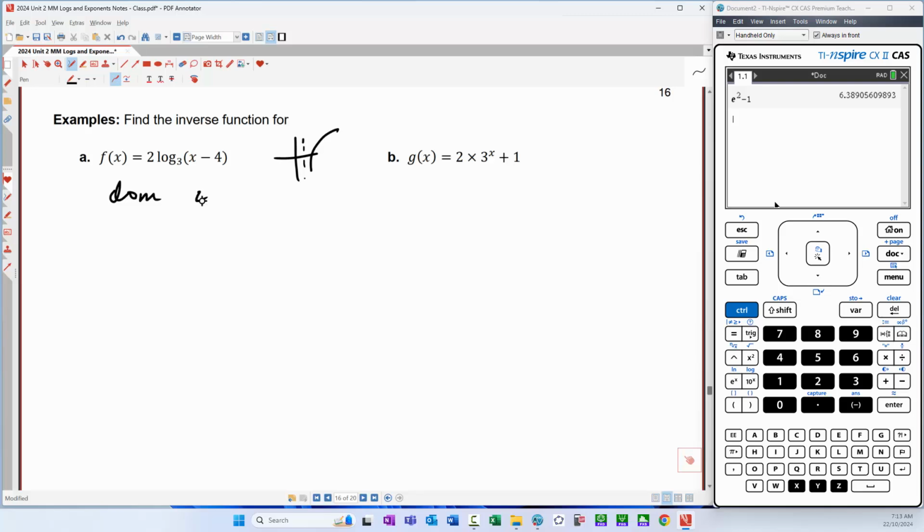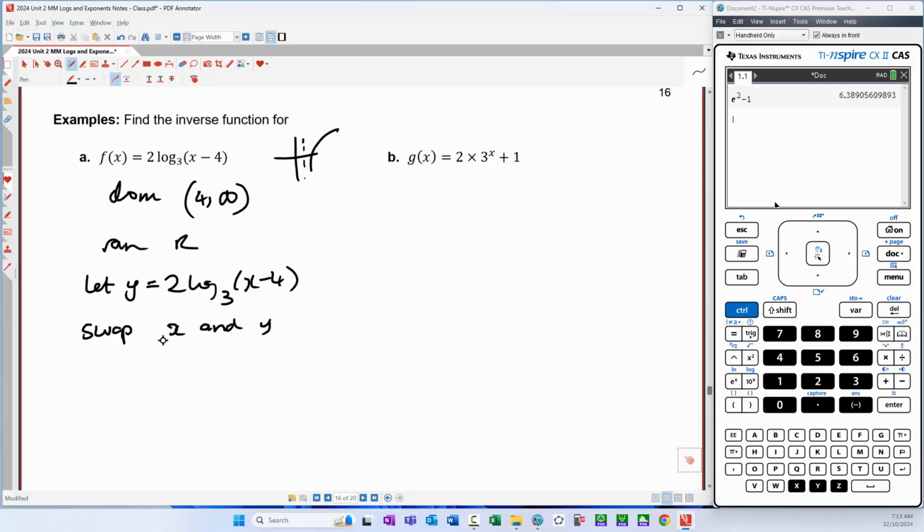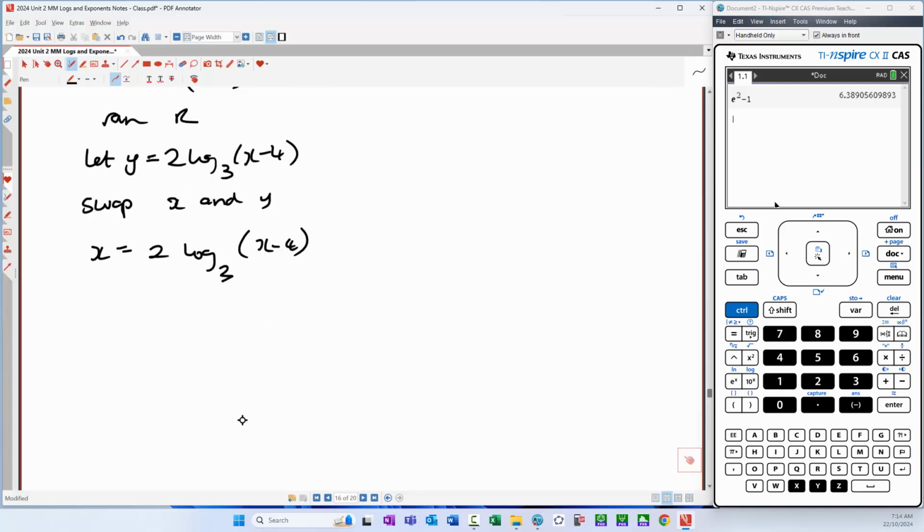The domain is going to be 4 to positive infinity, the range is R. We're noting that down because what we're going to do is let y equal 2 log 3 (x take 4), swap x and y, x equals 2 log 3 (x take 4), x on 2 equals log 3 (x take 4).